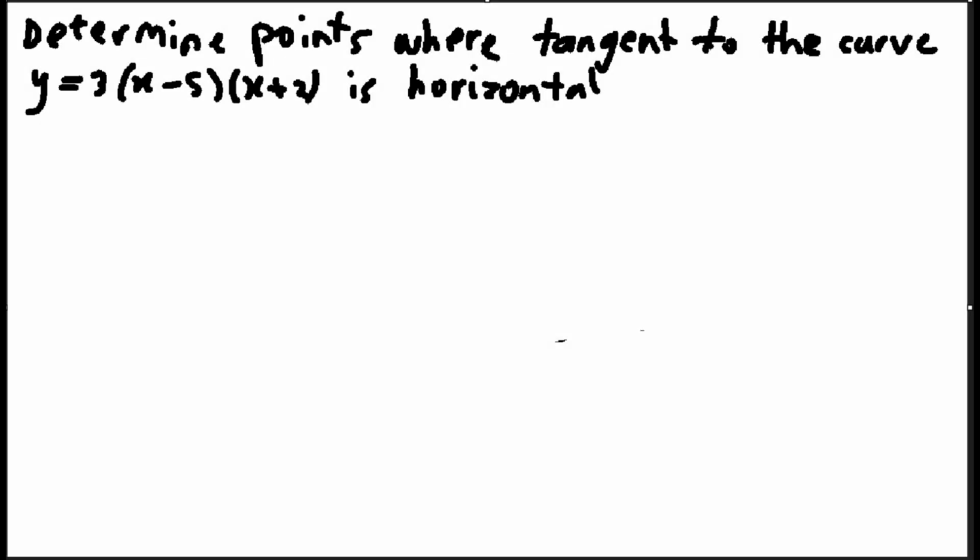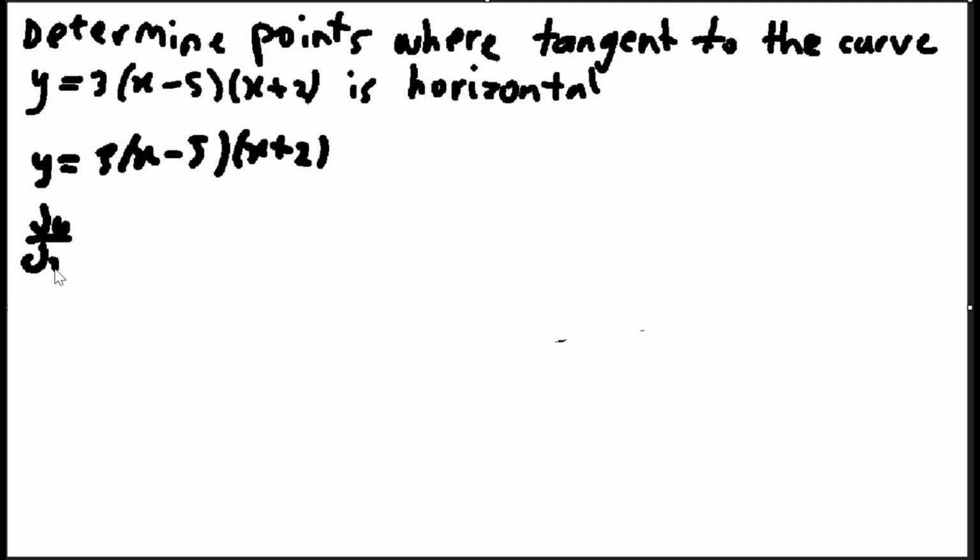Alright, now let's try a different question where we apply the product rule. Determine points where the tangent to the curve y equals 3 times (x minus 5) times (x plus 2) is horizontal. So first we find the derivative of the equation, but as you can see there are two brackets, so we'll have to apply the product rule to it.